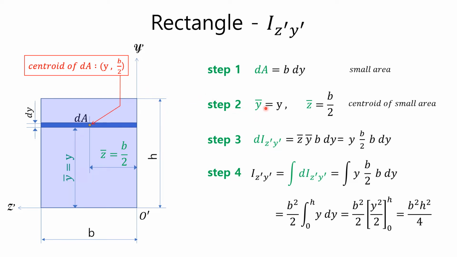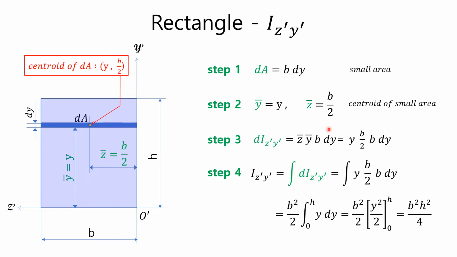As the first step, dA is b dy, and the second step, we locate the centroid of small area dA, which are y bar and z bar. Their coordinates are y and b/2 respectively.